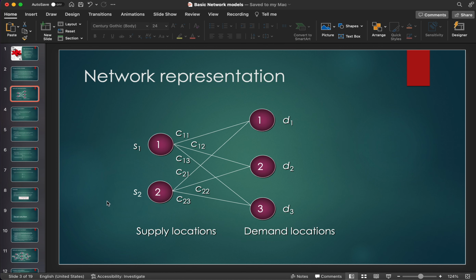Because we are assuming the total supply is more than total demand, which means that not all the supply gets used up. So let's say that the supply here is 100, supply here is 100, but demand is 50, 50, 50, in which case 50 units of supply doesn't get used up. So you're saying that the total supply coming out of each of these locations shouldn't be more than 100, which is the supply that is available at each of these locations.